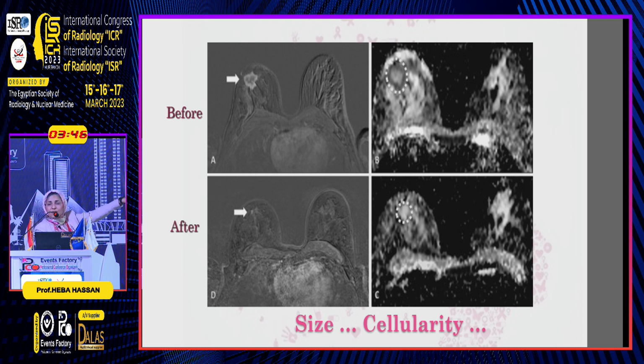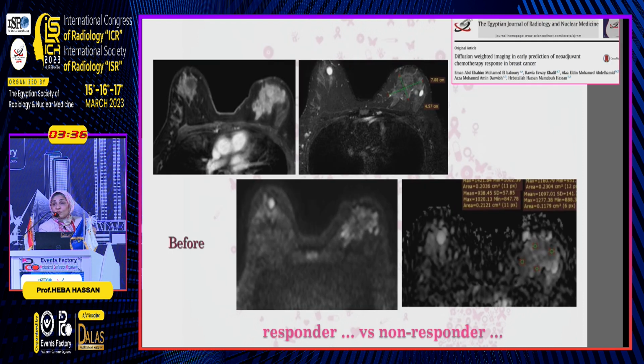After therapy, there might be a little bit of delayed enhancement, but there still was no diffusion whatsoever, and this was a total complete pathological response. And we've actually done some research about the diffusion use as early as the first and second cycle to identify responders from non-responders as early as possible.